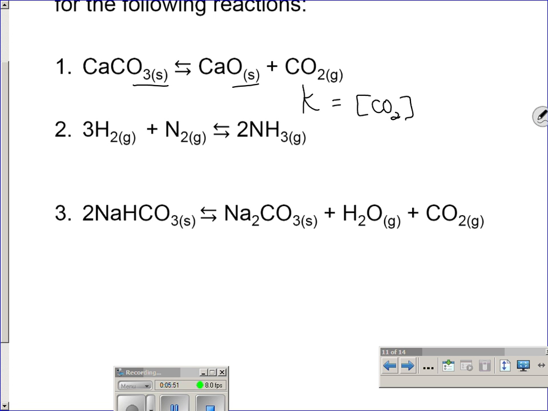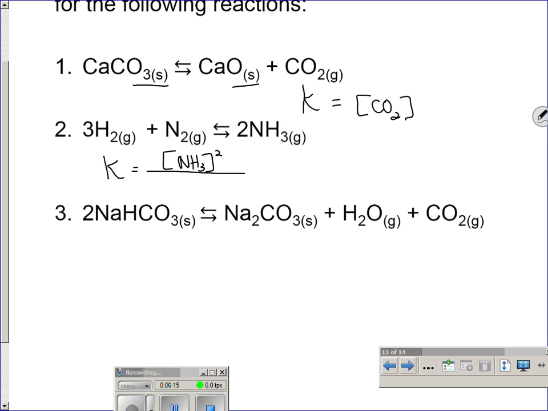Products on top, reactants on bottom. So if we look at this gaseous equilibrium in number 2, we can see that there's no solids or liquids here, so we're going to keep them. So the equilibrium constant is equal to the concentration of ammonia. That's how we read that. And we're going to square that.